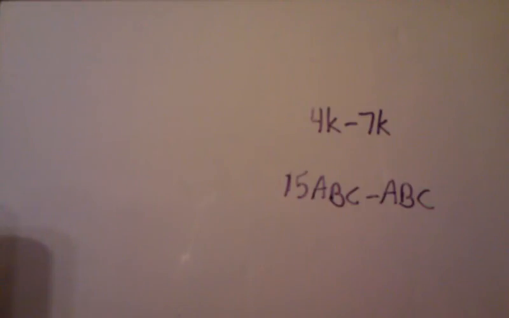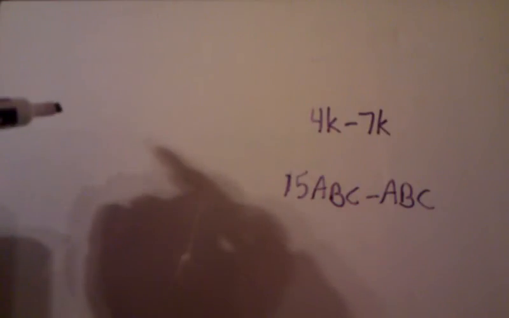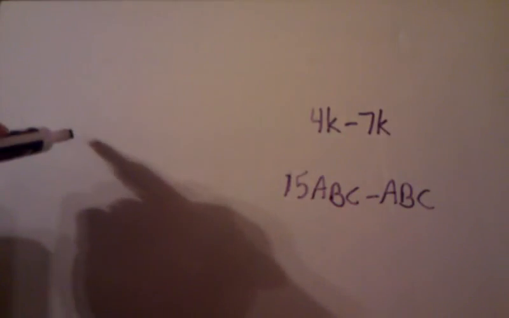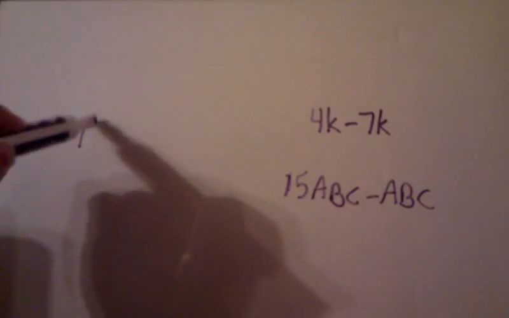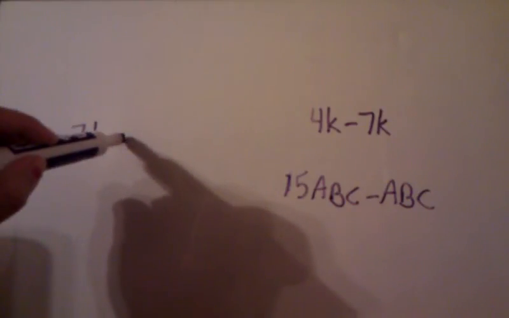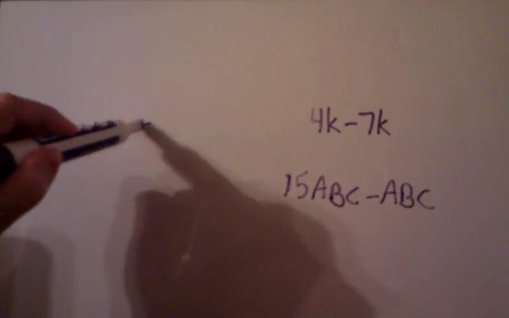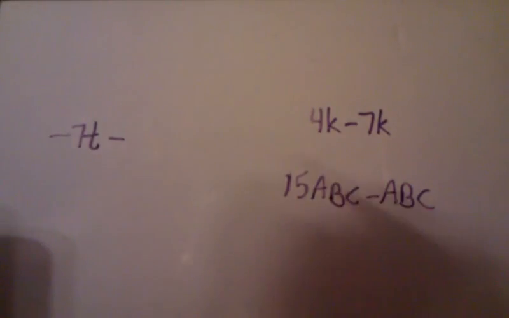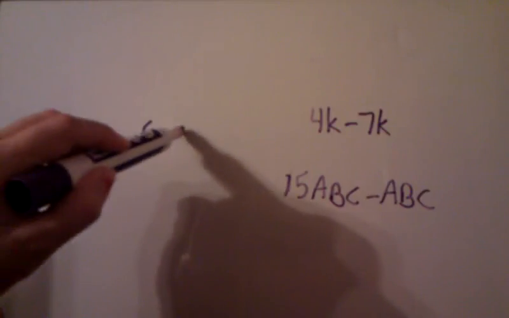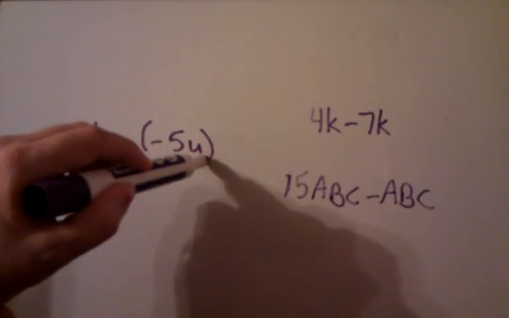Okay, it says find negative 7t less negative 5u. You should have got find negative 7t, less means minus, excuse me, negative 5u.